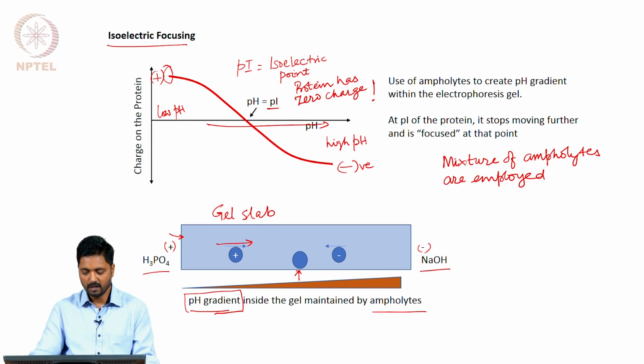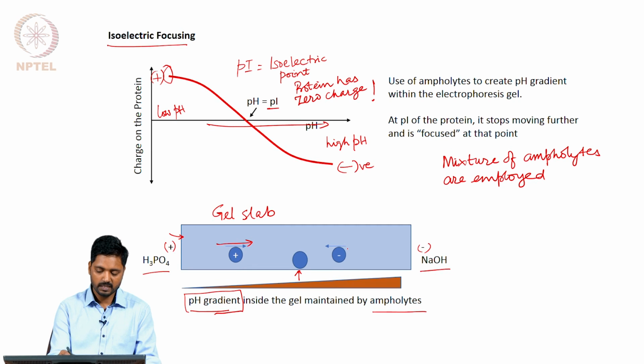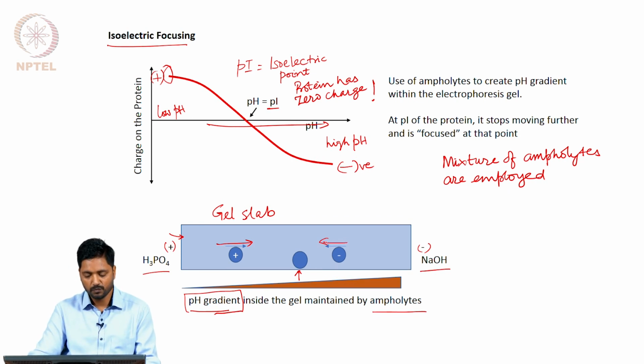have the protein present in its anionic form, it will have a net flow towards the positive electrode and will ultimately reach again the pI region, or the isoelectric point region, at a particular pH and will move no further.